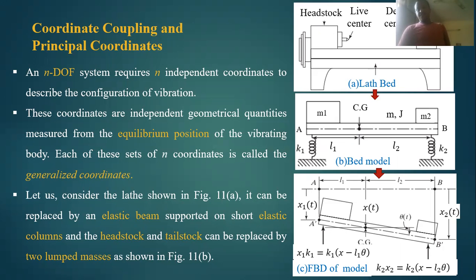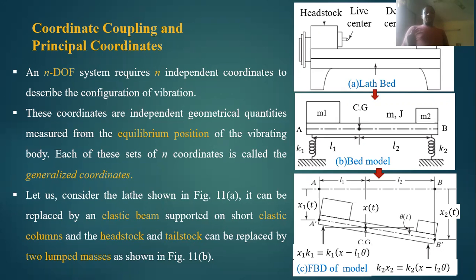Through the CG, x of t and theta of t are the coordinates which we can use. If we are not using the CG and are using the extreme points, then we can use x1 and x2. Or there are also other kinds of representation. So this is a simplified representation to analyze the vibration. Any degree of freedom system has independent coordinates to describe the configuration, obviously from the definition of degree of freedom.